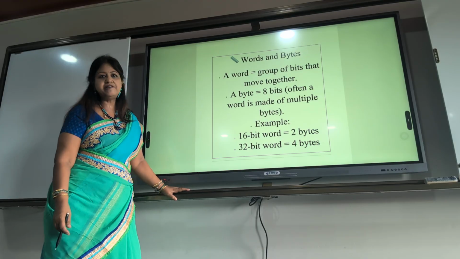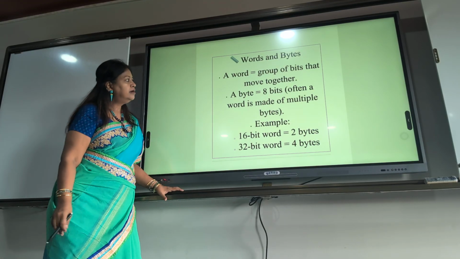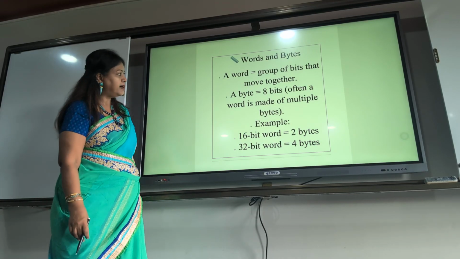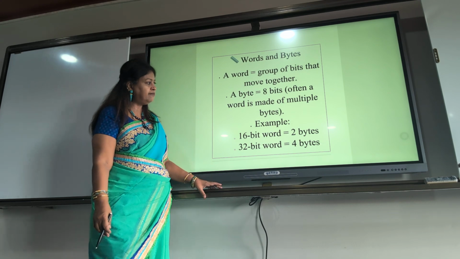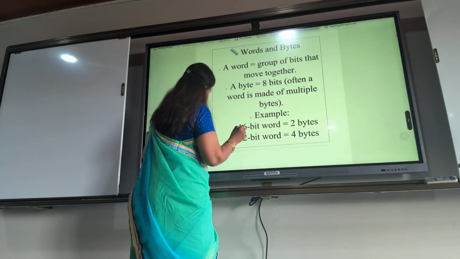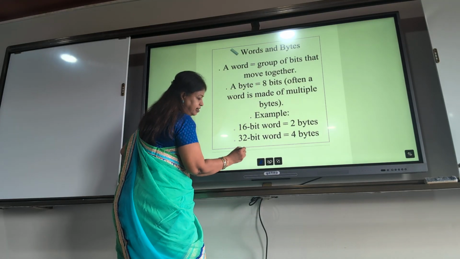Then words and bytes. A word is a group of bits that move together. A byte is 8 bits. Often a word is made up of multiple bytes. Example, 16-bit word. You have 16 bits in that word.